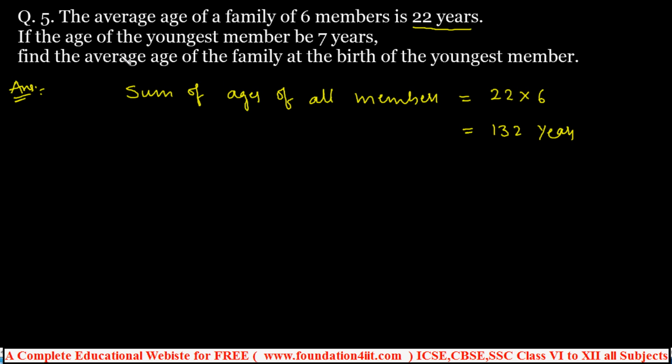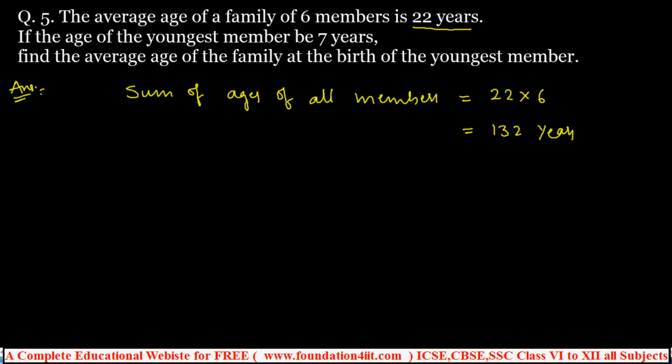But your statement is the age of the youngest member is 7, and the average age of the family at the birth of the youngest. At the birth of the youngest means we have to subtract 7 years from every member, because it is 7 years back. So the average age of the family at the birth of the youngest member. To do that calculation only, they give the youngest member's age.